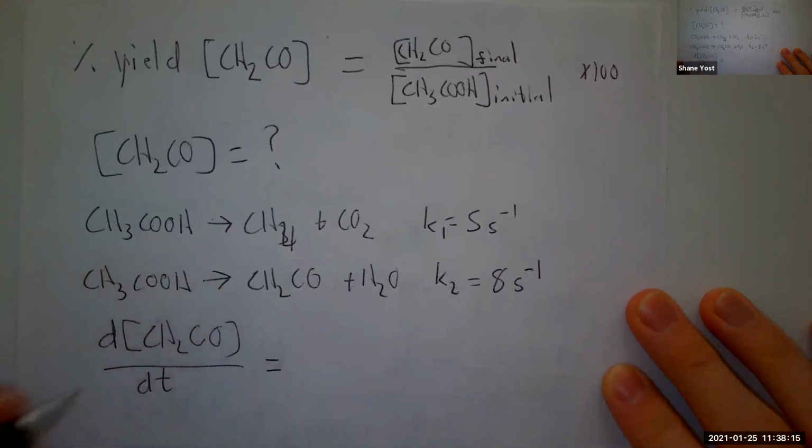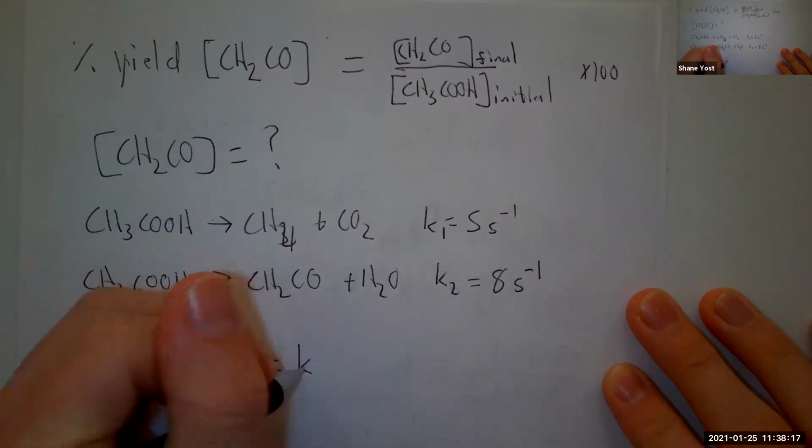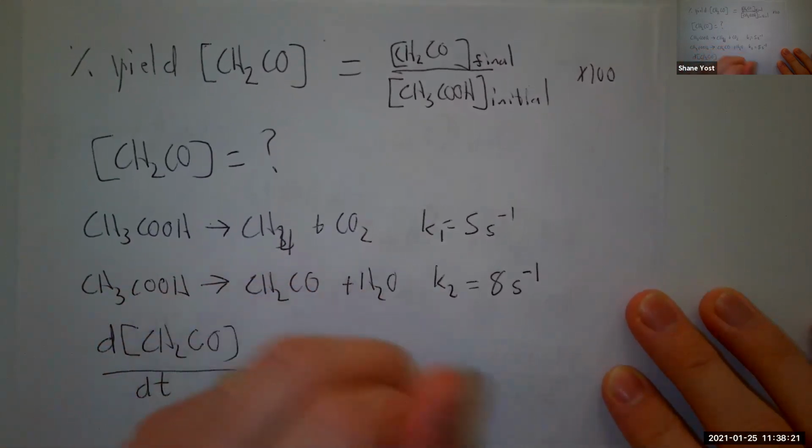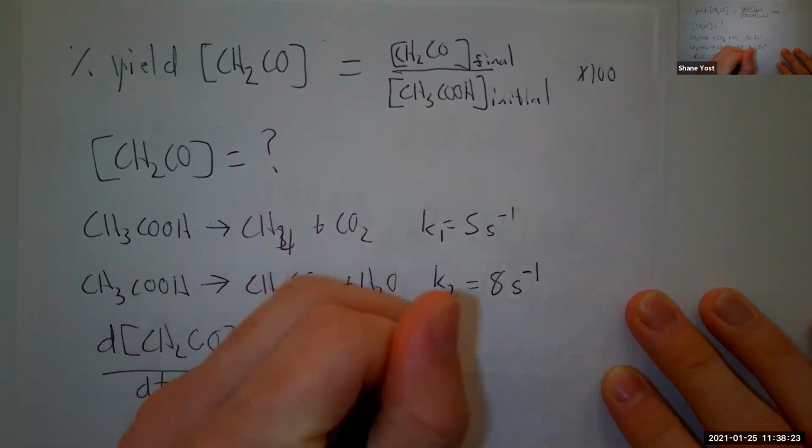So that rate is just the rate constant K2 times the concentration of CH3COOH.